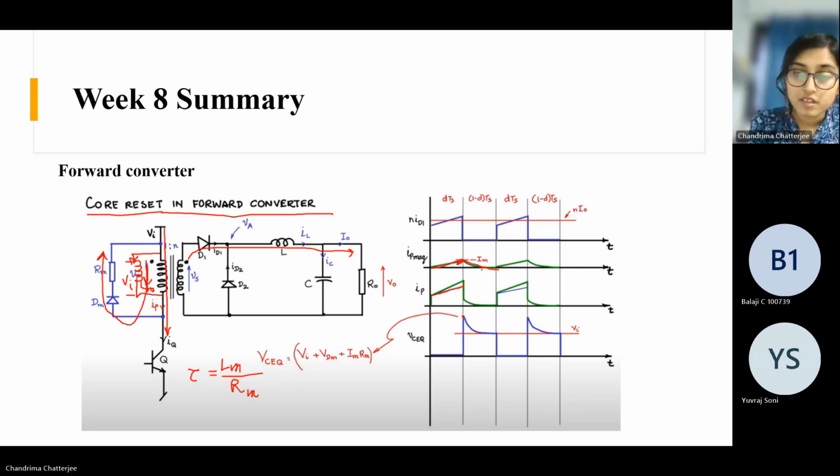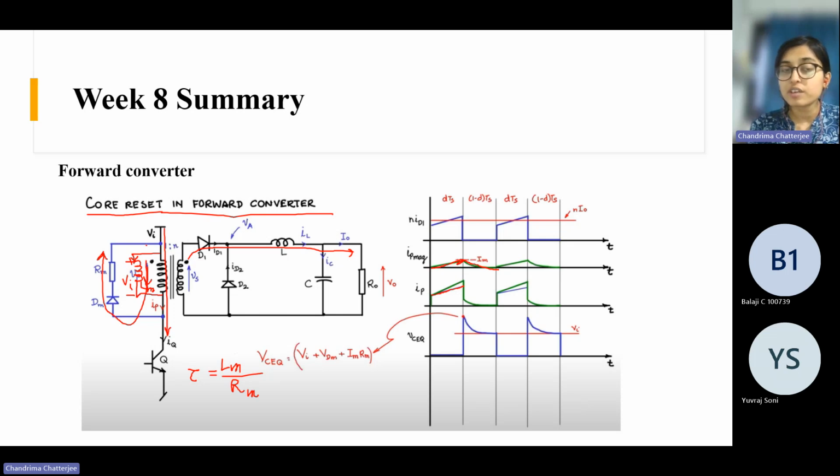Okay, and that's how it happens in every cycle. So the total primary current will be the summation of this magnetizing current and the load reflected current during DTs period. But during the 1 minus DTs period, the current is freewheeling in the load side.